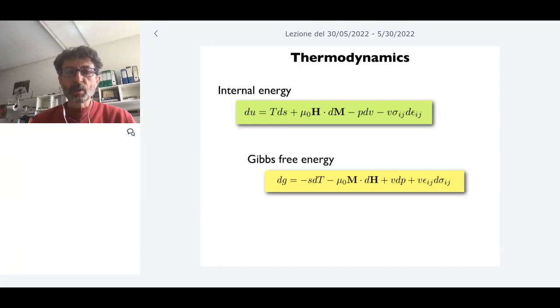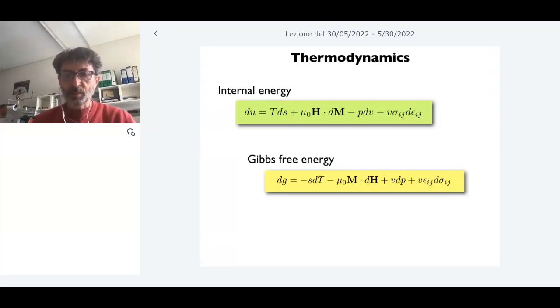But if we put also the mechanical work, then we have one term, which is the classical PdV. So pressure multiplied by the change of volume. And in general, the product of the stress multiplied by the strain.